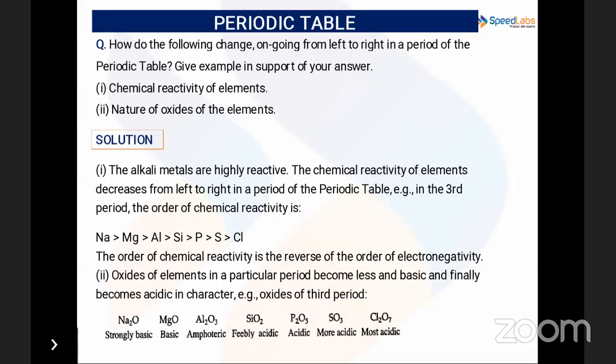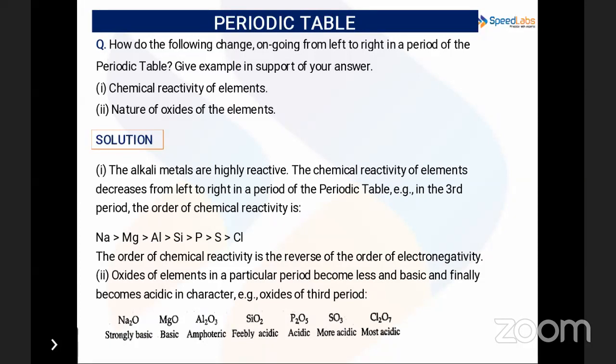So if we take the first element, hydrogen, obviously it can react with fluorine, chlorine, bromine, iodine. Hydrochloric acid can form, hydrogen bromide can form, HF can form. So they react easily with the halogens. So the alkali metals are highly reactive. The chemical reactivity of the elements decreases from left to right in a period of the periodic table.